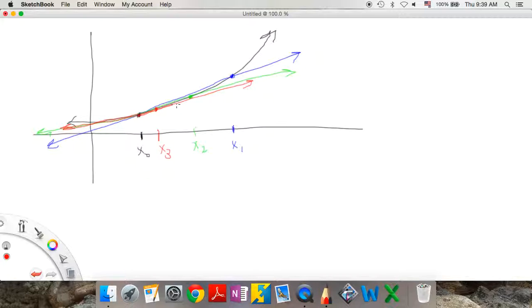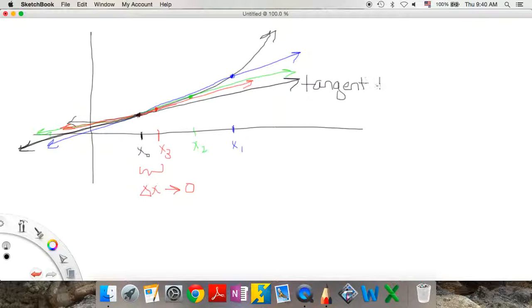Now what you notice is that the line is getting closer and closer to this x naught. The space between the two, the delta x, is getting closer and closer to 0. When we finally get all the way up to the x naught, we have what's called a tangent line. So if we have no delta x at all, we have a tangent line.